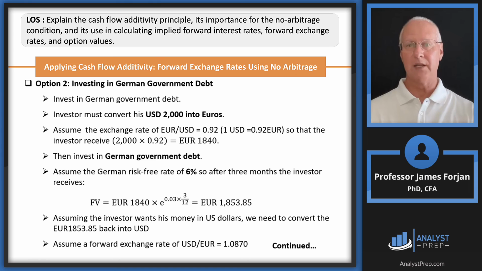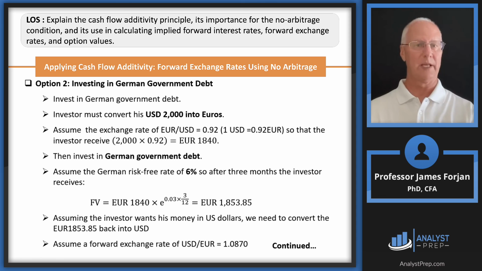Now, investing in the German government debt is a little bit more complex because what we need to do is start with the 2,000 US dollars and convert over to euros. So there's an exchange rate there. The third arrow point: 1 US dollar is equal to 0.92 euros.